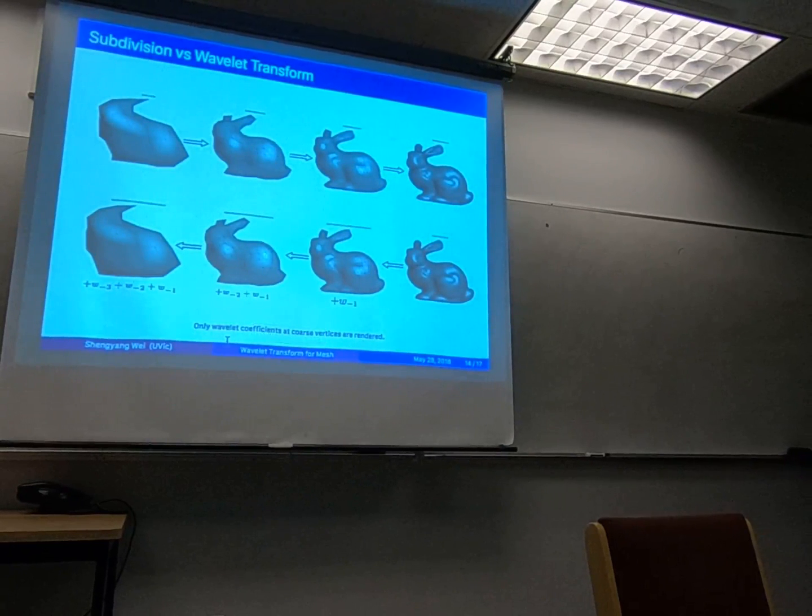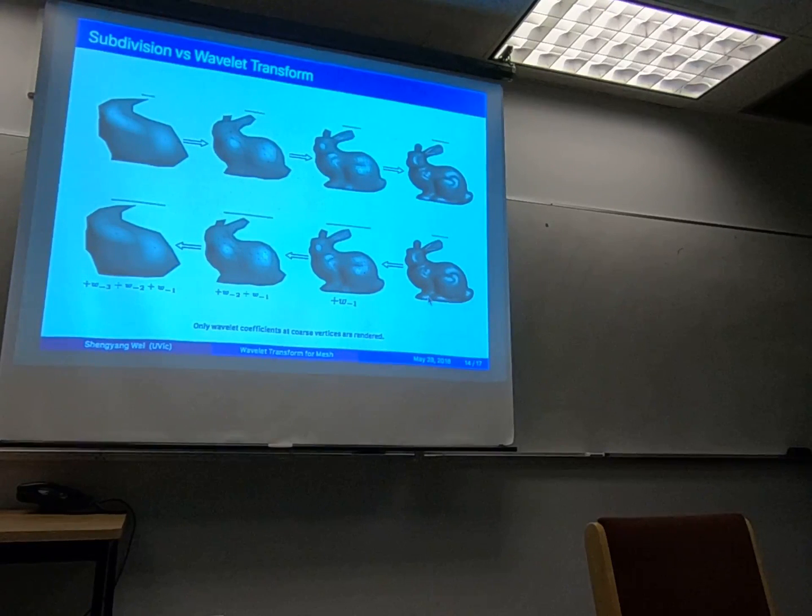So let's see the relationship between subdivision and Wavelet transform. The top figure shows a Wavelet transform process of a subdivision process, and the bottom figure shows a Wavelet transform of an input mesh.